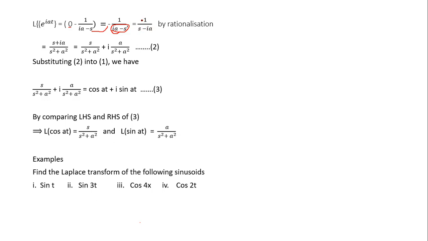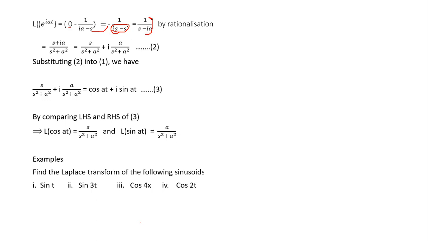Therefore we have 1 over s minus ia. So you can now rationalize this one by finding the conjugate of s minus ia, which is s plus ia. So we multiply both top and bottom by s plus ia. So here becomes 1 times s plus ia for the top, and the bottom also becomes s plus ia.